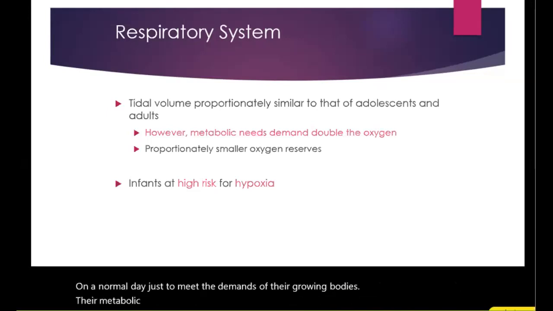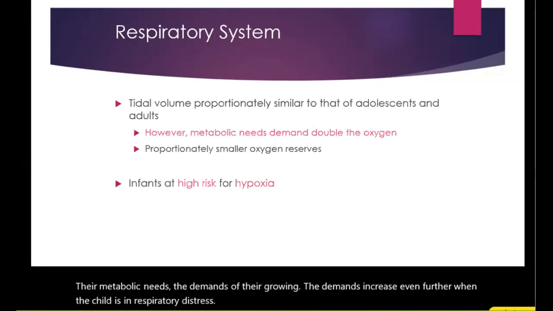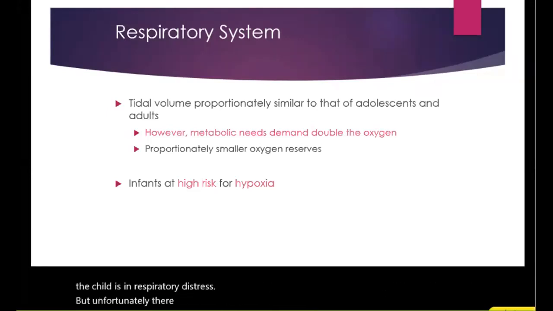The demands increase even further when the child is in respiratory distress. But unfortunately, there are fewer reserves, if any at all. So when you understand that, it helps one understand how a simple respiratory virus can put a toddler in the hospital when it would not put you or I in the hospital.